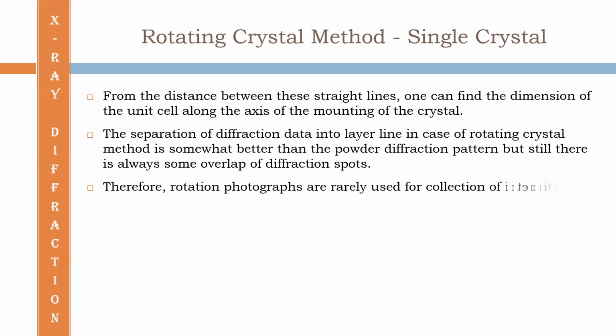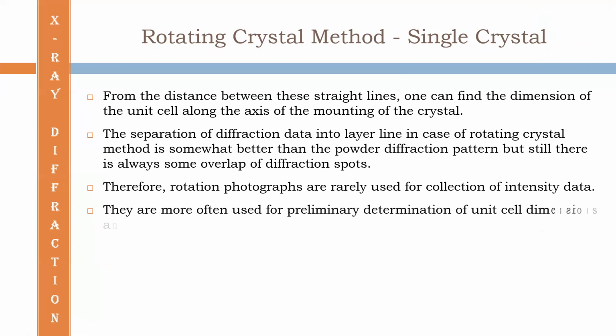Therefore, rotation photographs are rarely used for collection of intensity data. They are more often used for preliminary determination of unit cell dimension and the crystal system.